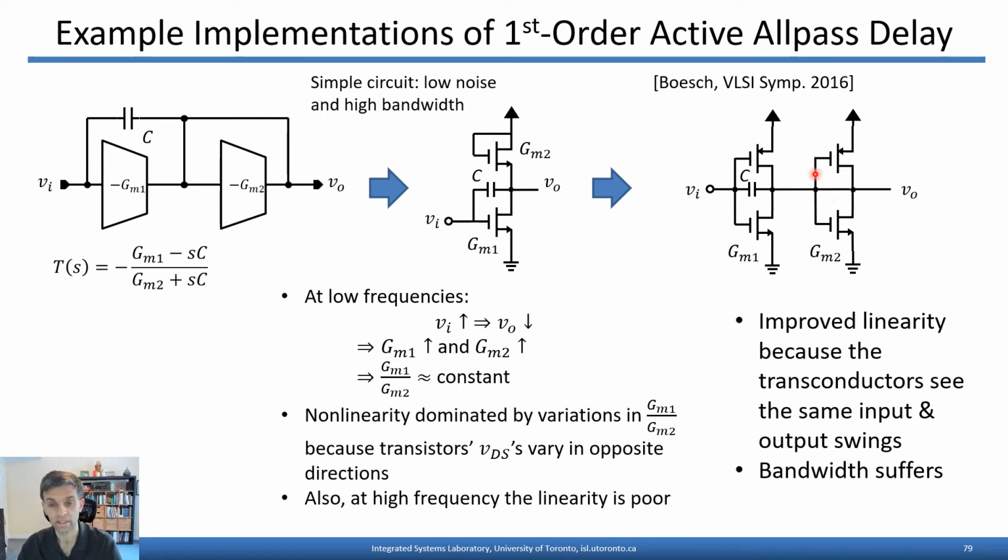On the other hand, as compared with the example on the left, we can expect the bandwidth to suffer somewhat because you've got more parasitics associated with the various nodes in the circuit. Specifically, you're making use of PMOS transistors as transconductors, which may have a larger gate area for the same value of transconductance because of the lower mobility of holes compared to electrons.